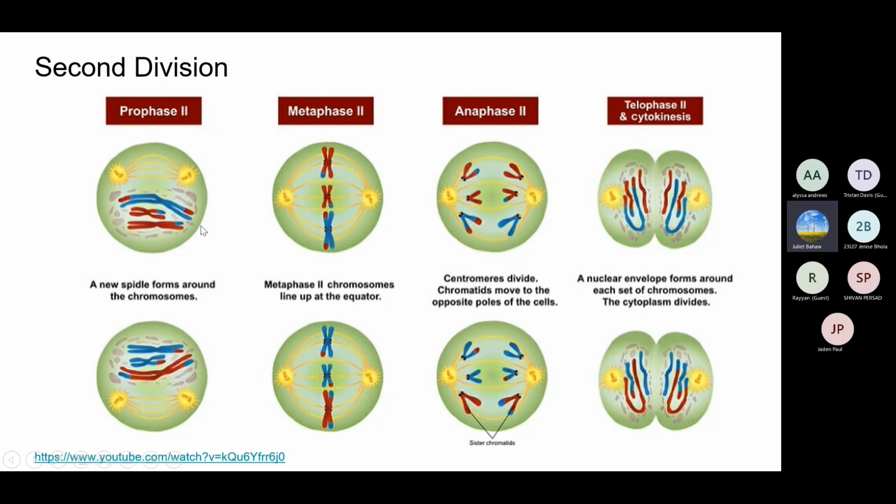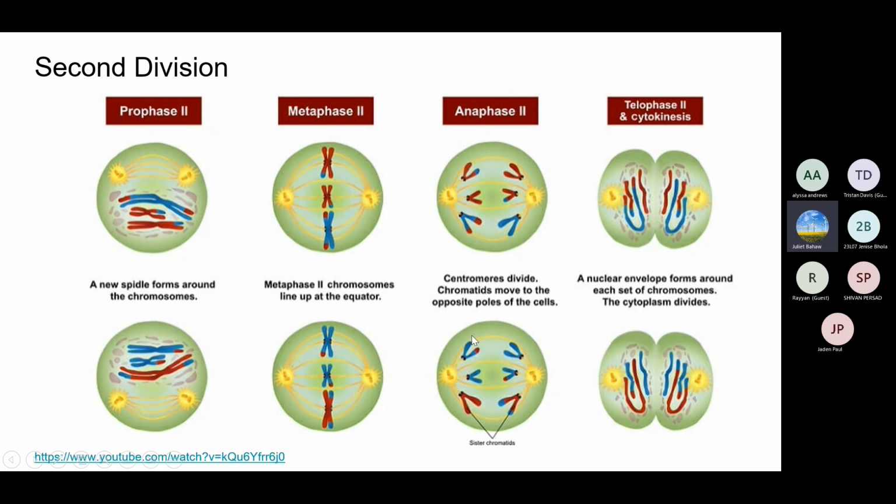This nuclear membrane breaks down again. You see how it's breaking down in both of them? Spindle fibers start to form, centrioles move apart. Metaphase 2, chromosomes align themselves, both cells. The spindle fiber attaches to the centromere, which is the center of the chromosome.